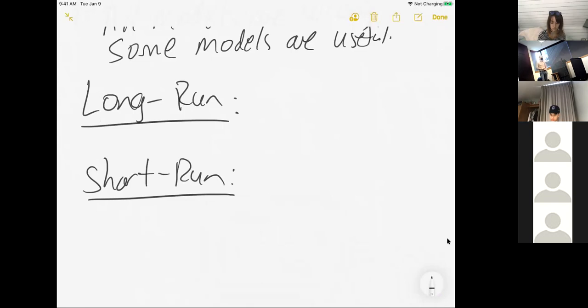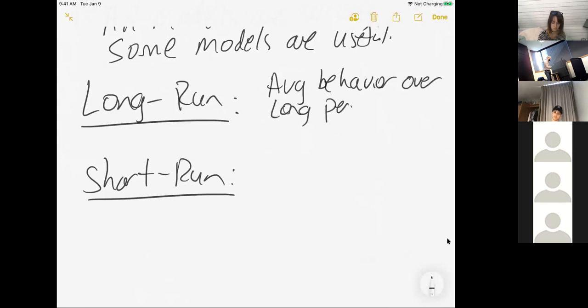When economists say the long run, what are we talking about? We are talking about average behavior over long periods of time. That's the long run.